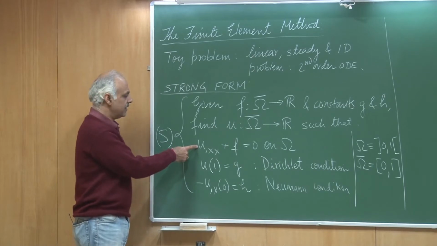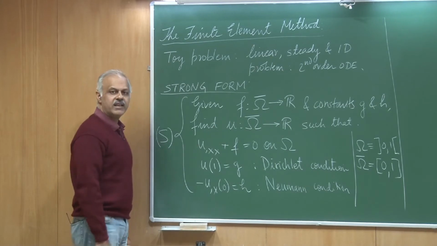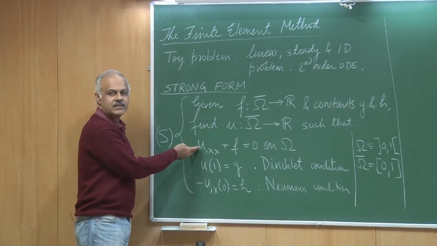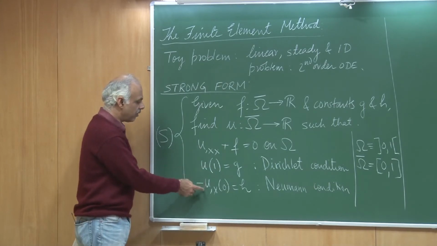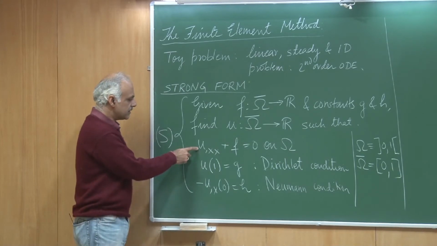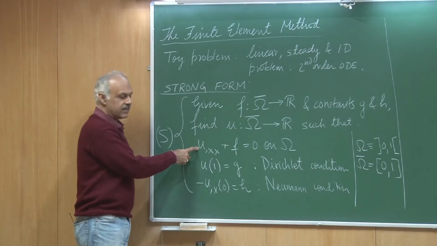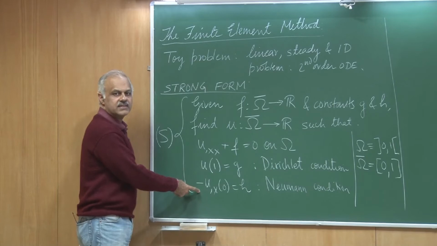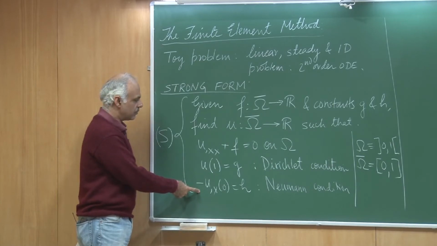Really speaking, this equation must be satisfied at infinite number of points. So, these are actually infinite number of equations, and of course, then at the boundaries there are these two conditions. Please notice that the differential equation need not be applied at the boundaries, because we have these two conditions that would determine the solution at the boundaries.